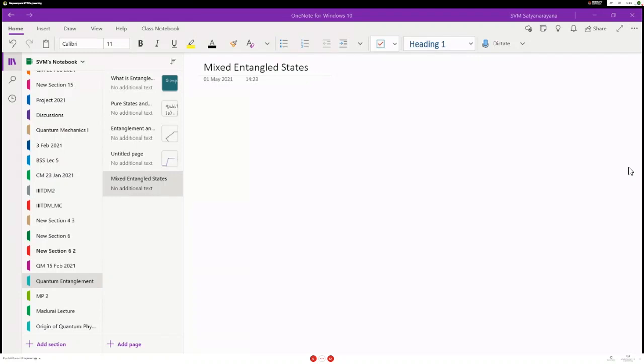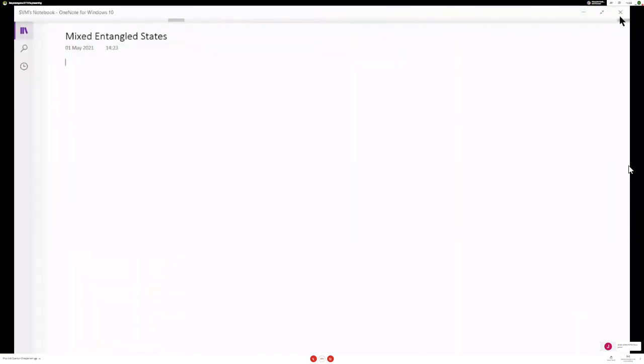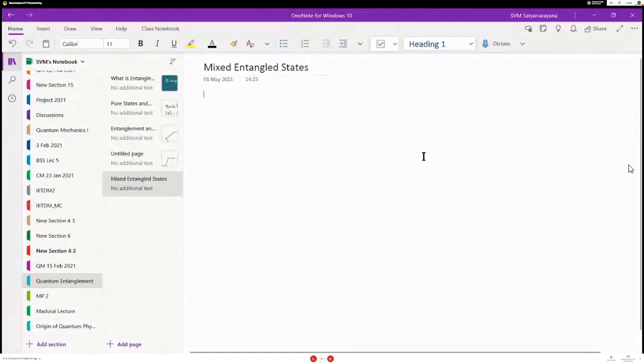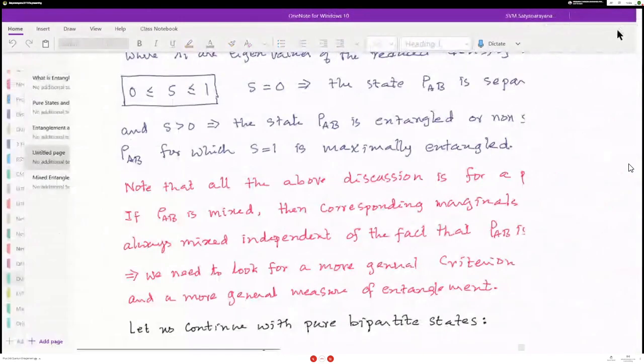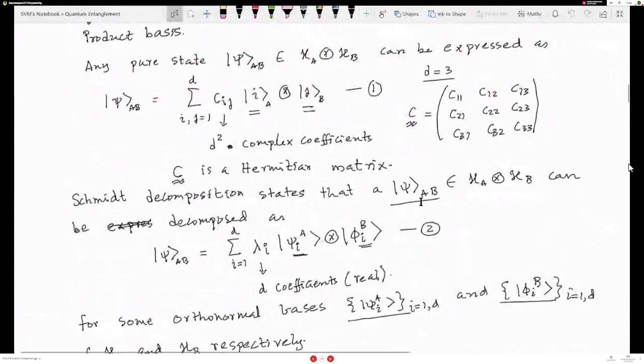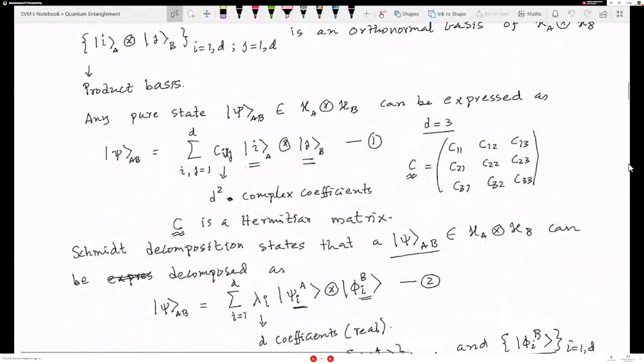In the last class, for a pure state, psi AB is the summation over i equal to 1 to d, summation over j equal to 1 to d, of Cij, ket i A direct product ket j B. So Cij is a Hermitian matrix. Why is it Hermitian?